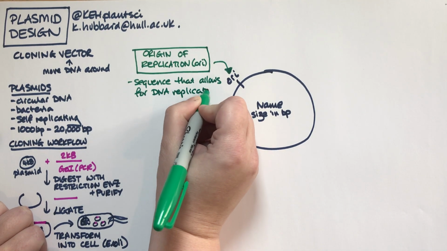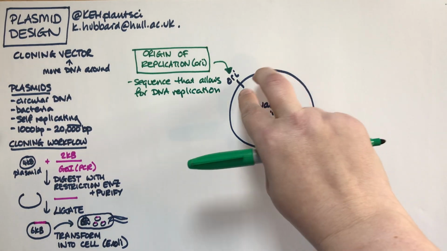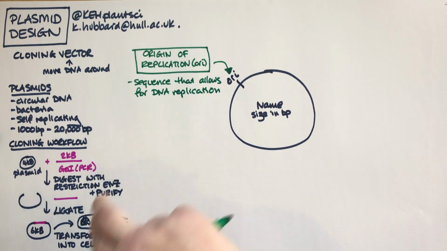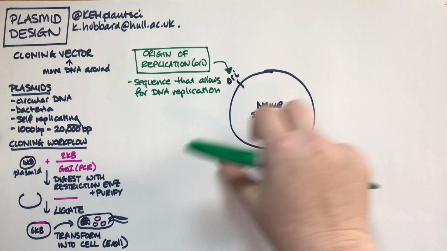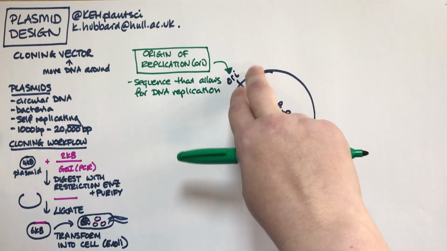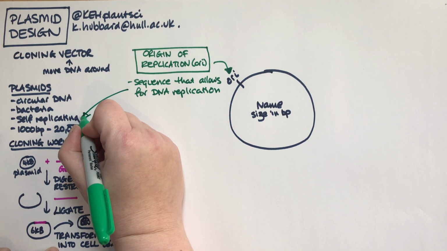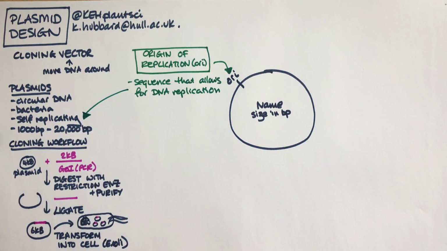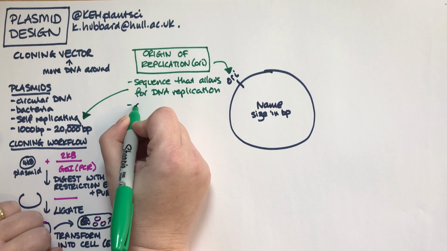A cell can't start replicating any old random bit of DNA. It needs to know that it's the right piece of DNA. So there are particular sequences that bacteria can recognise, and then all the polymerases and everything will come in and replicate it. So if you've got the right sequence in your plasmid, that's where the self-replicating behaviour comes from, the origin of replication. It controls the copy number.